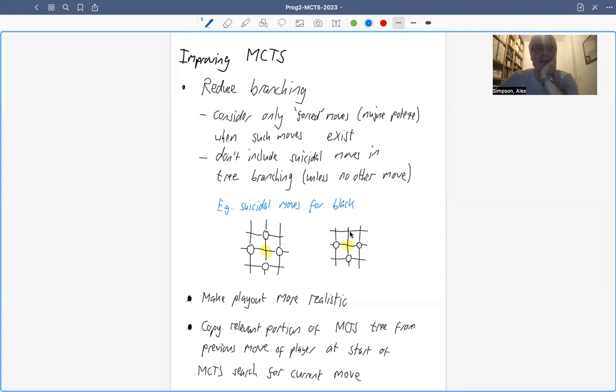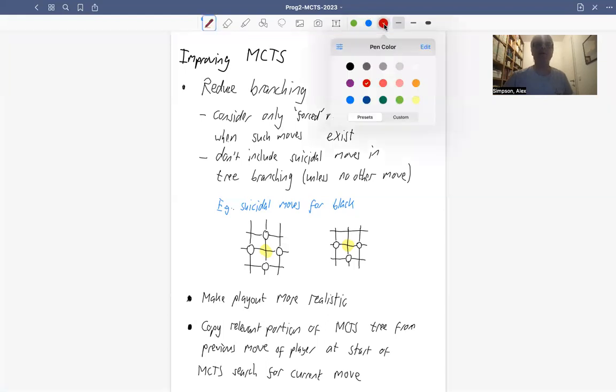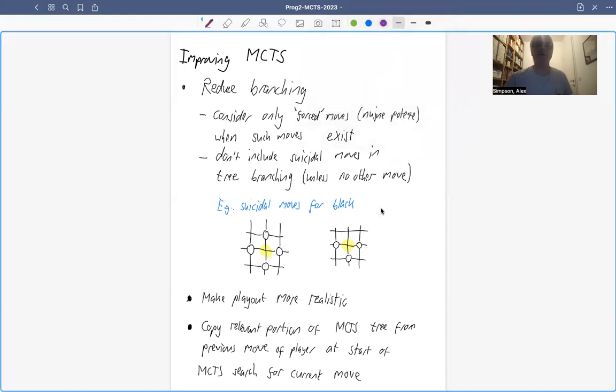So one can eliminate unnecessary and bad branches in the tree by not considering suicidal moves. And once again, both these recommendations can be implemented. So do this, both in tree construction. So don't consider such moves in the tree construction.